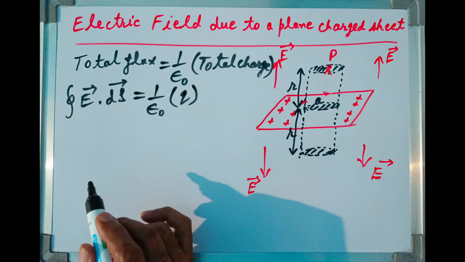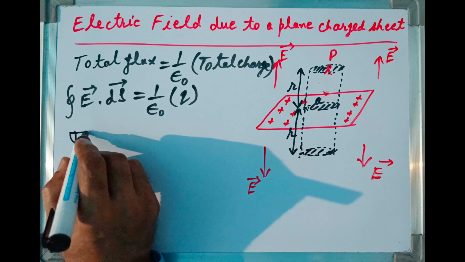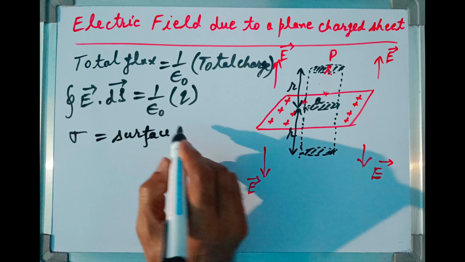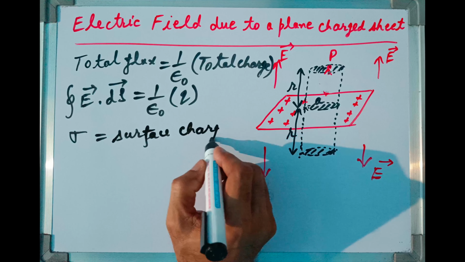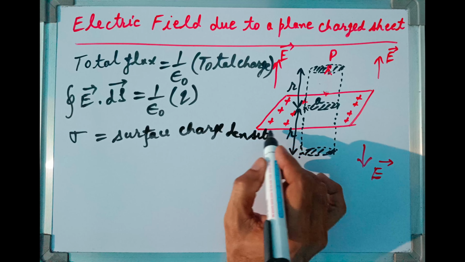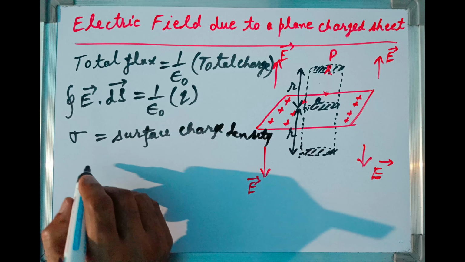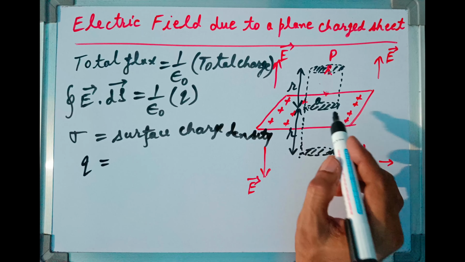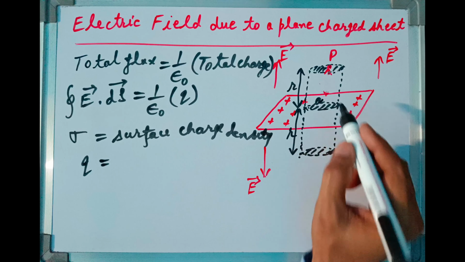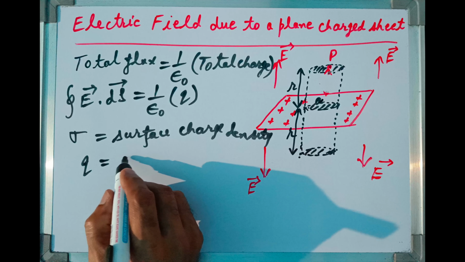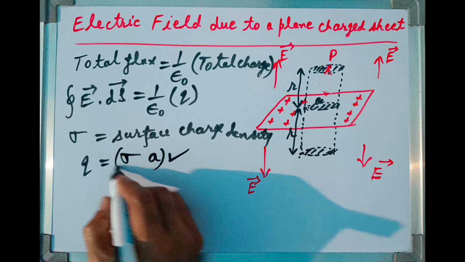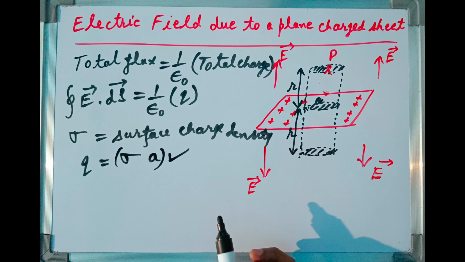In order to find q, let me suppose sigma as surface charge density of the sheet. Means charge per unit area is sigma, then charge enclosed in this circular portion of area A, as I have supposed earlier, will be q is equal to sigma multiplied with A.